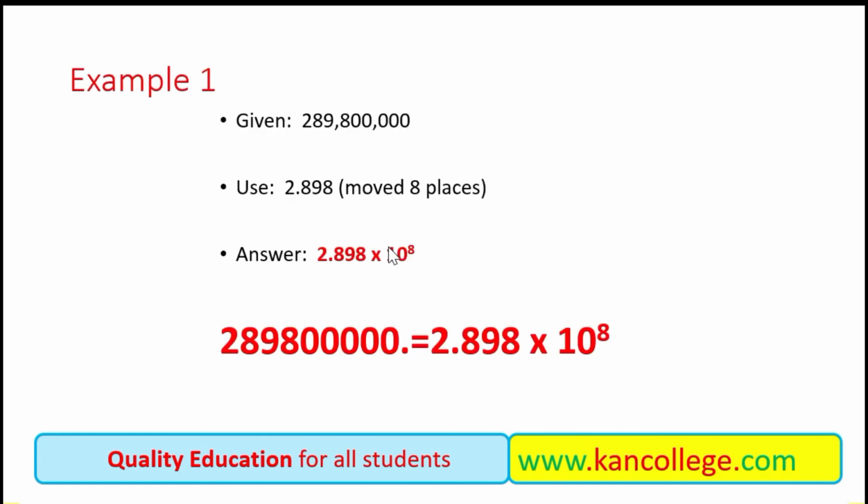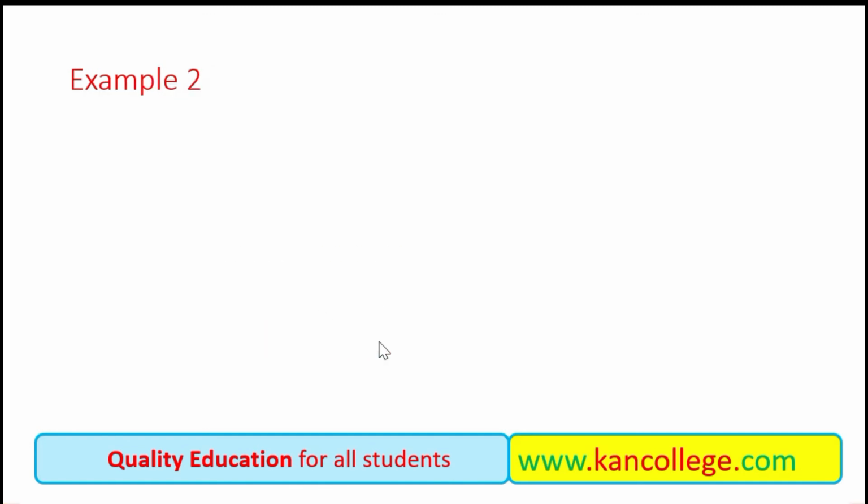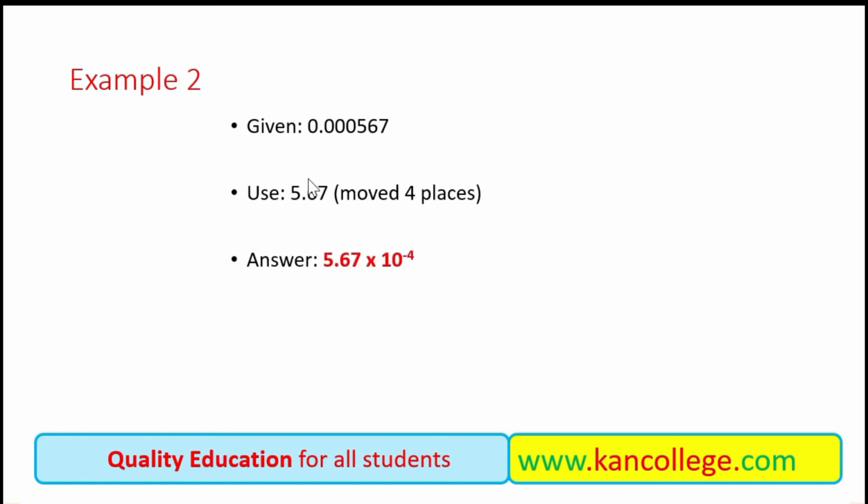While in the previous example, 2.898 is smaller than the original number, so we have to balance it by a positive exponent. So when the original number is decreased in the decimal part, then the exponent will increase, and if the original number is increased in the decimal part, then the exponent will be negative.